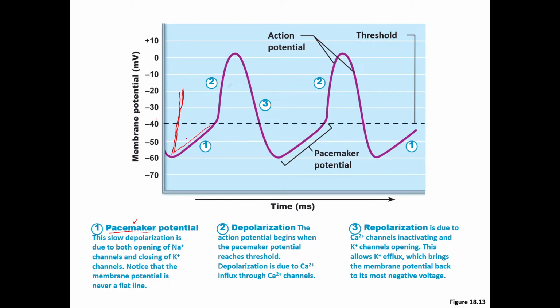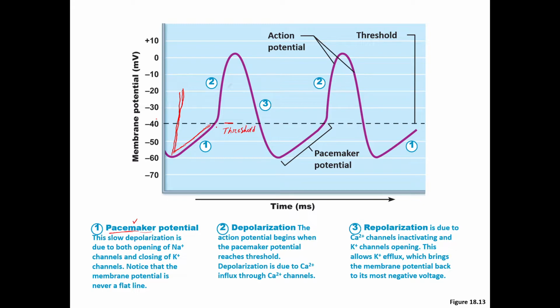That means inside the pacemaker cells, the sodium channels get opened slowly because these are non-voltage gated sodium channels. Okay, they open slowly. That's why the first part of depolarization is very slow, and then when it reaches a certain limit, that is called the threshold. So this is the threshold.